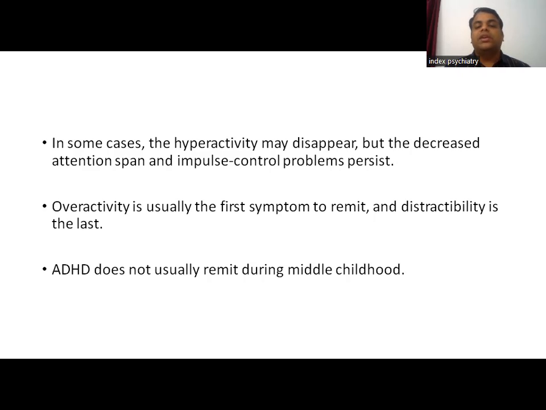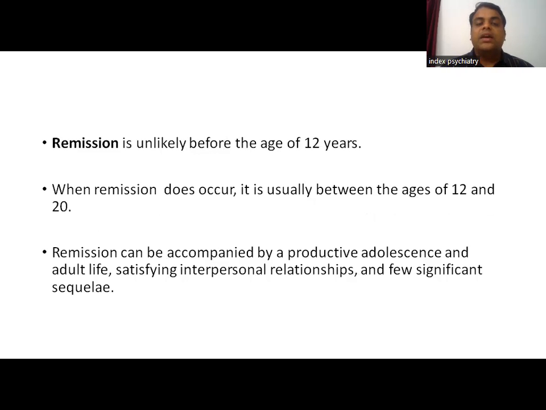ADHD does not usually remit during middle childhood. Remission is unlikely before the age of 12 years. When remission does occur, it is usually between the ages of 12 and 20.